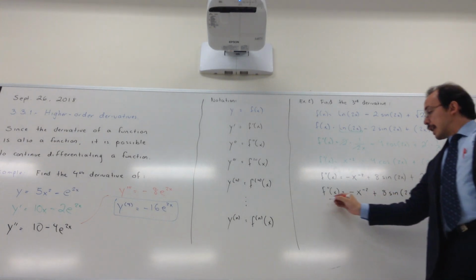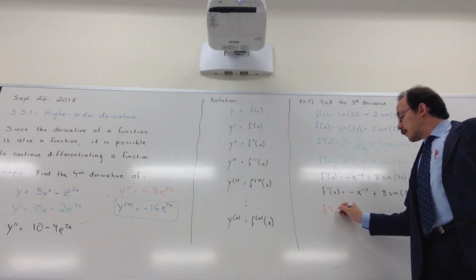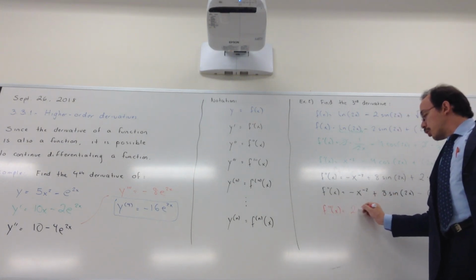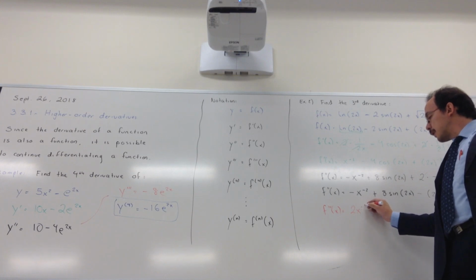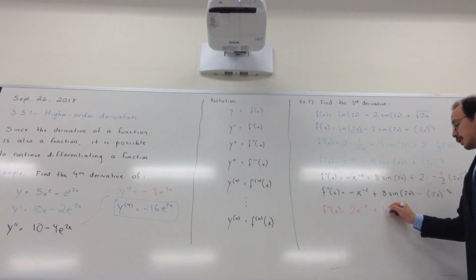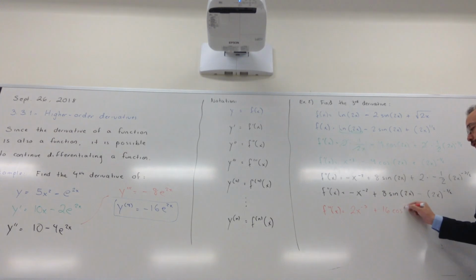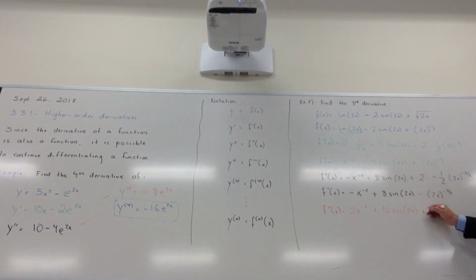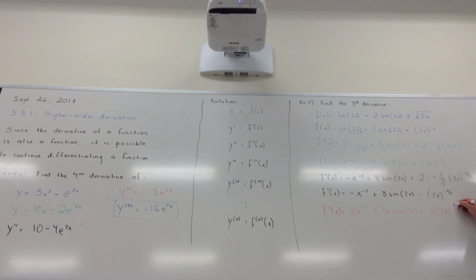Okay. Last derivative. 2x to the minus 3 plus 16 cosine of 2x and again plus what? 3 times 2x to the minus 5 halves. Very good.